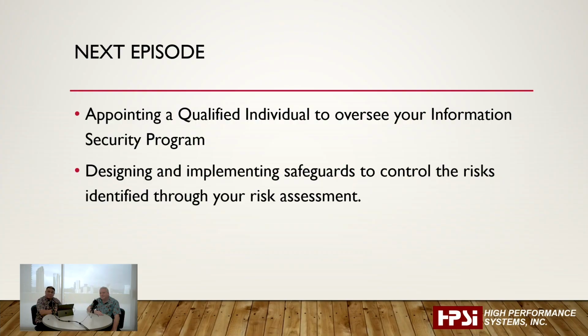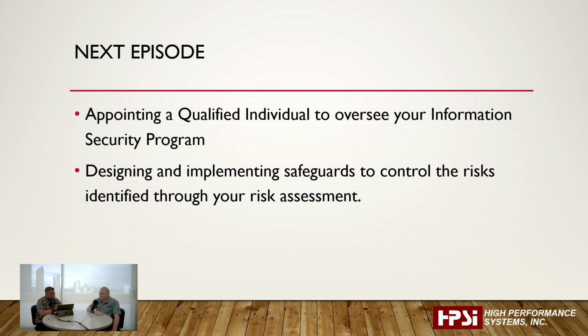But as far as the next episode, we will continue to discuss the different elements of developing a reasonable security program. So there's a lot more. So far, in these 2 episodes, we've covered 4 of those elements, and 2 more are going to come. The first one is appointing a qualified individual to oversee your information security program.